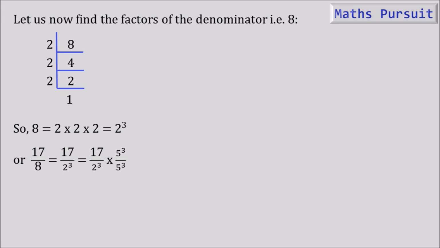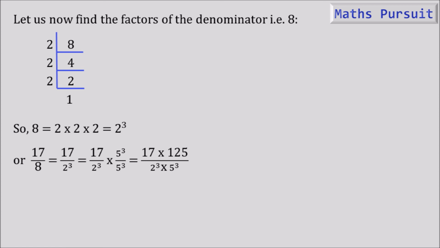Now after multiplying 5 to the power 3 in the numerator and the denominator, we are getting 17 by 8 is equal to 17 into 125 by 2 to the power 3 into 5 to the power 3. Once we solve 5 to the power 3, we are getting 125. So we got the numerator as 17 into 125 and the denominator as 2 to the power 3 into 5 to the power 3.